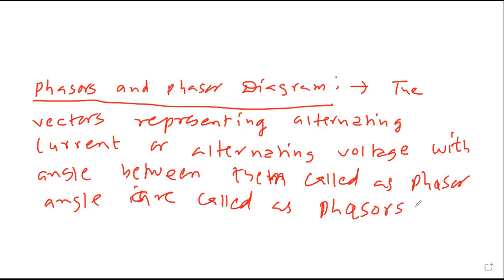So simple vector representation of this alternating current or voltage with phase angle between them is called as phasors.